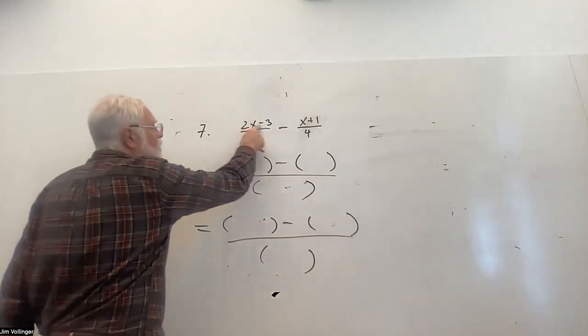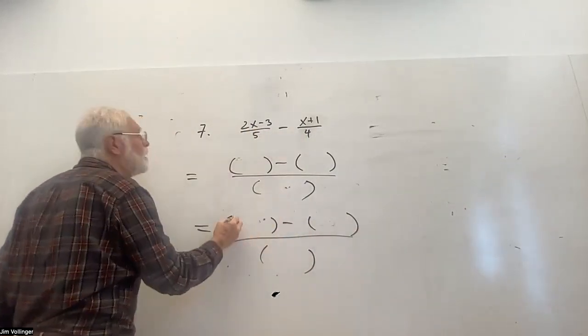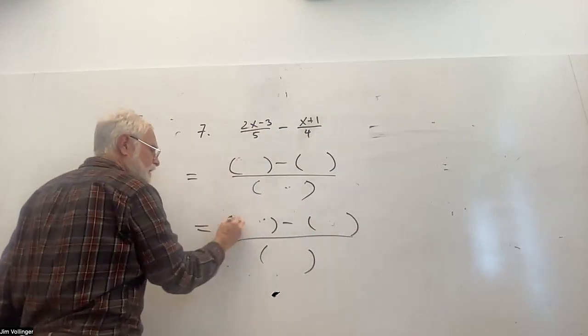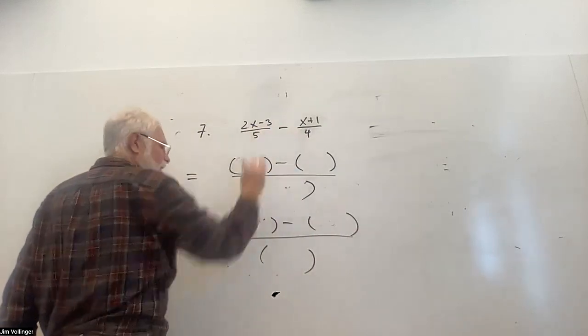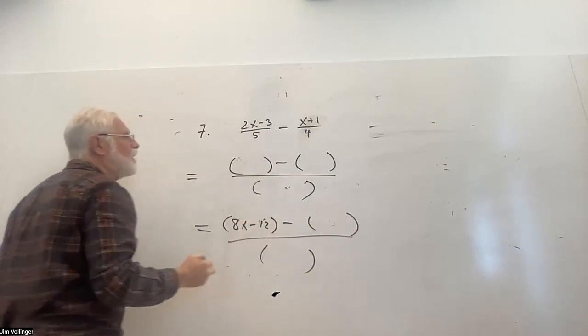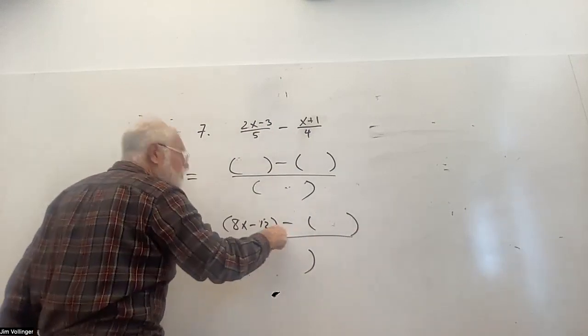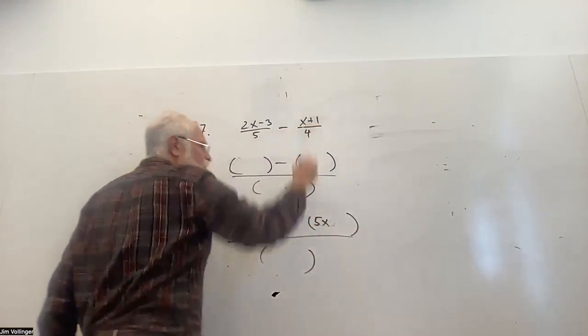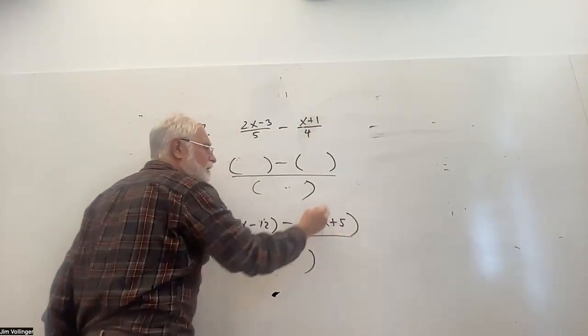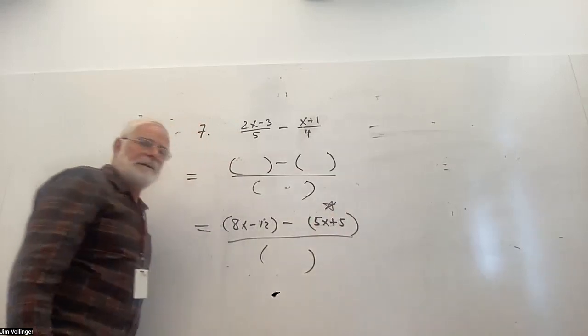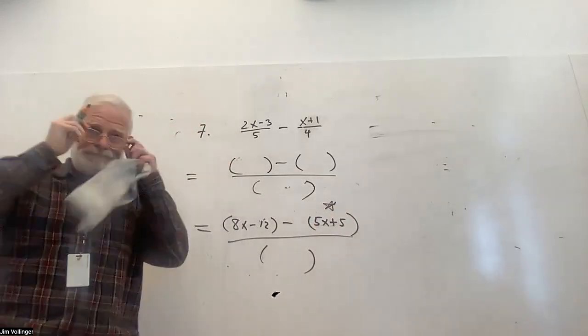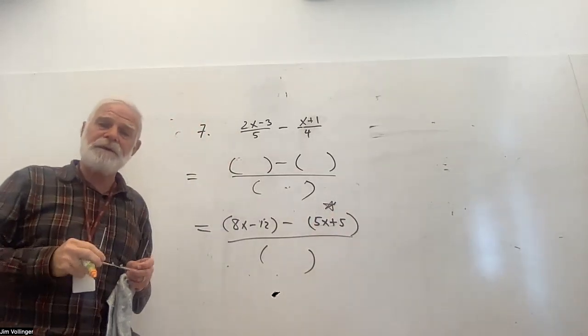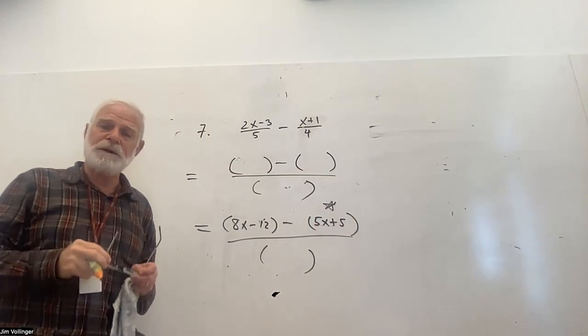All right, bingo, 2x minus 3 times 4. 4 times 2x, 8x. 4 times minus 3, minus 12. It's a subtraction problem. 5 times x, 5x. 5 times 1, 5. This is one of the most important skills you want to have come out of a first year of algebraic study.